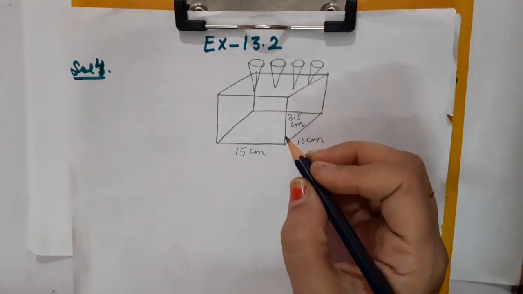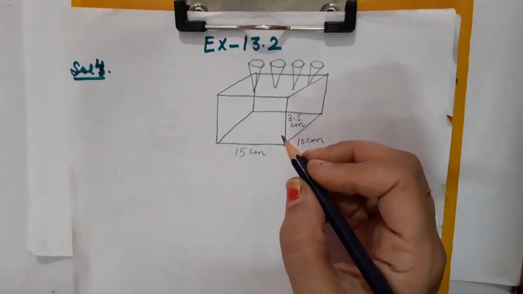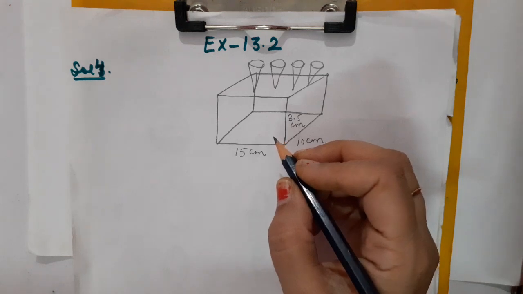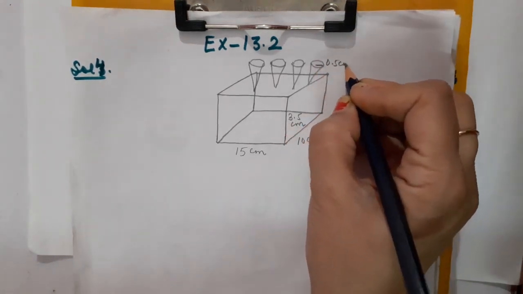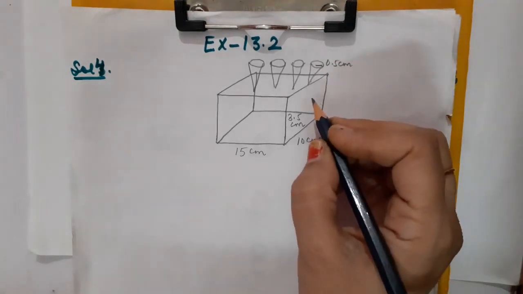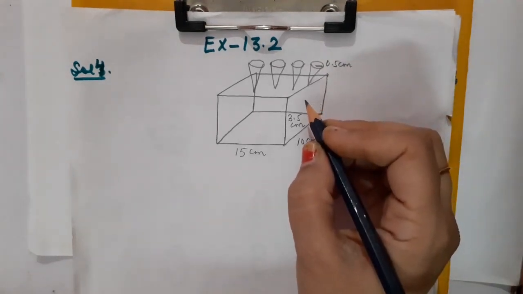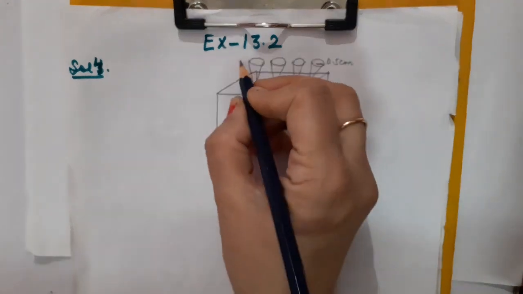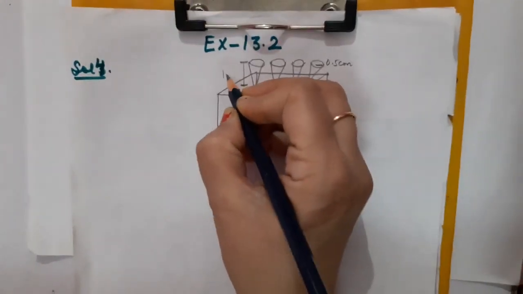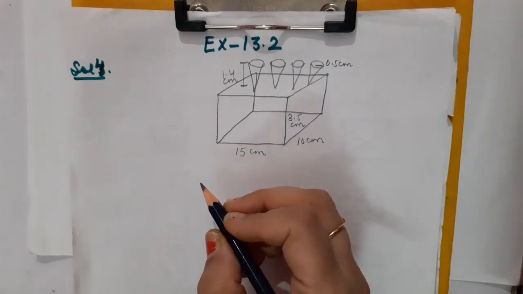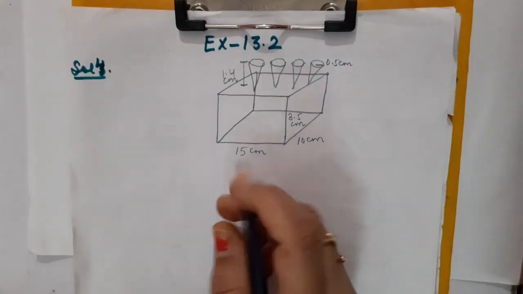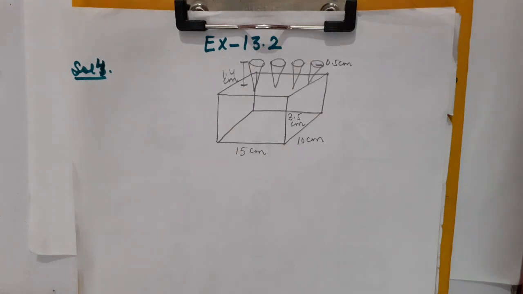The radius of each depression is 0.5 centimeter, so the radius is 0.5 centimeter of each and every conical depression. And the depth is 1.5 centimeter. We are supposed to calculate the volume of the wood in the entire stand.